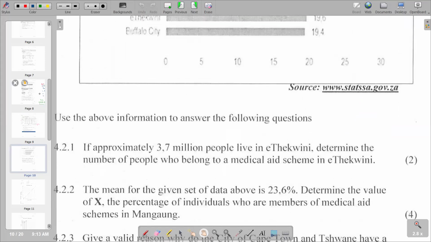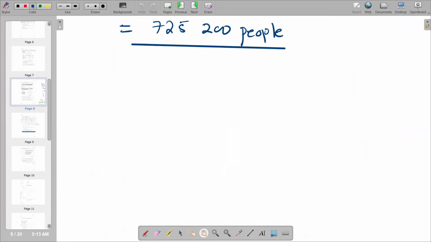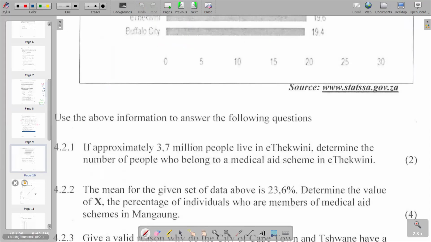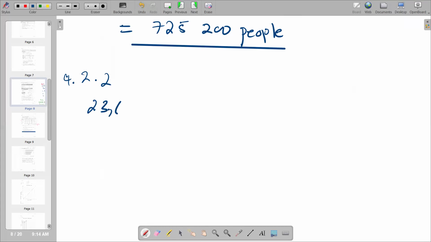So we just do a search. On our calculation, our mean is 23.6%. So we say 23.6% is equal to, we add all what we have and we divide by 8.